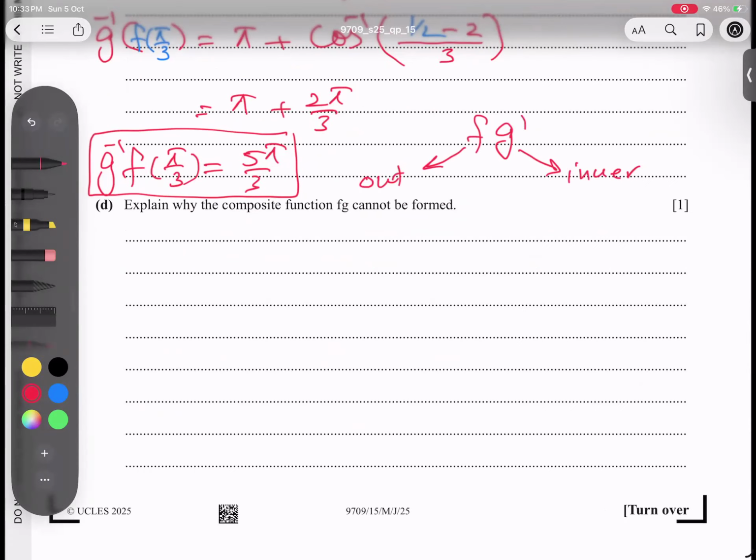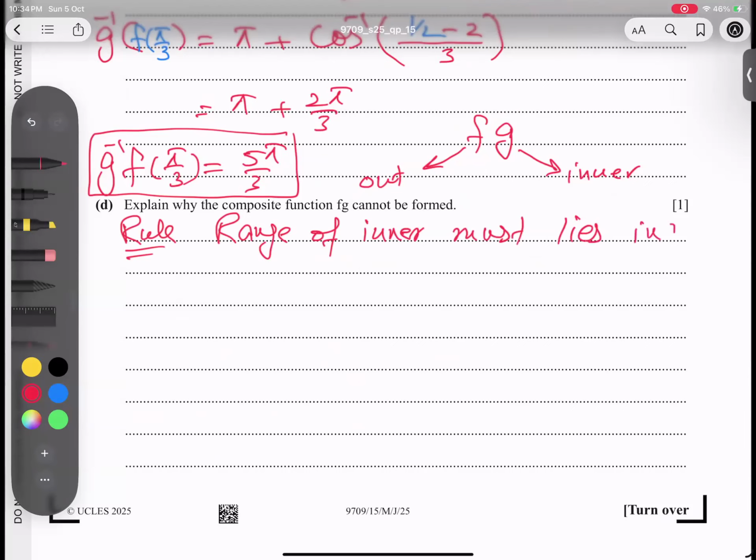Let me write the rule: the range of the inner function must lie inside the domain of the outer function. So don't forget this rule. This one rule will help you.